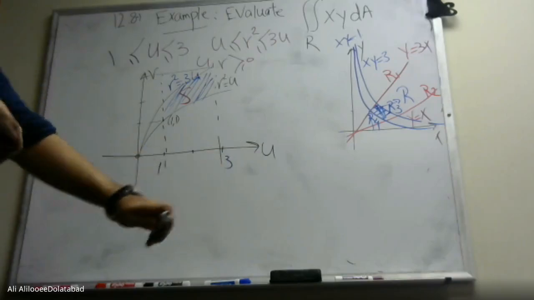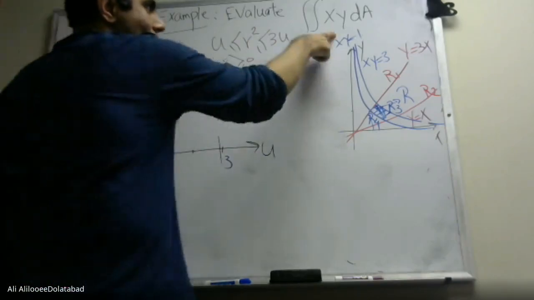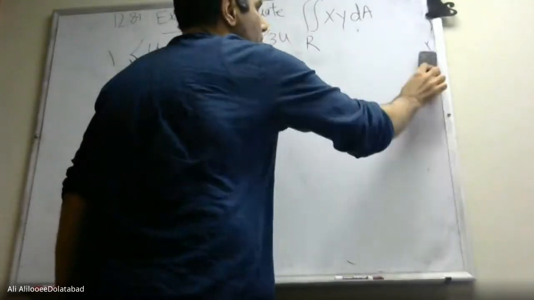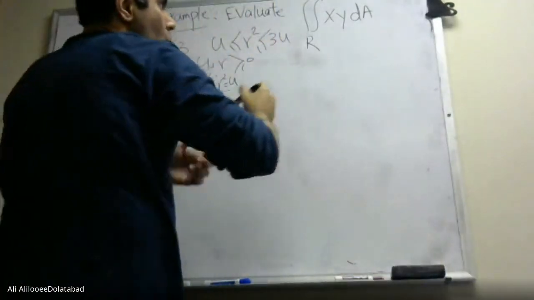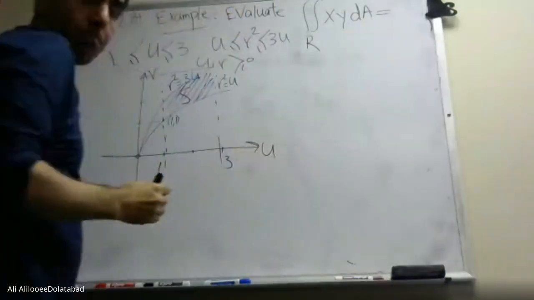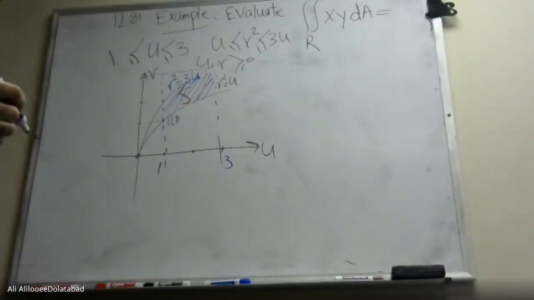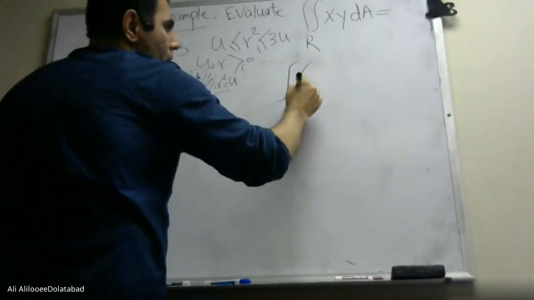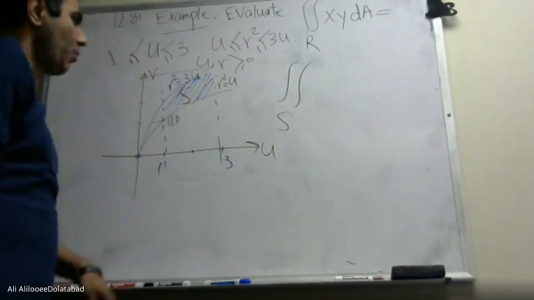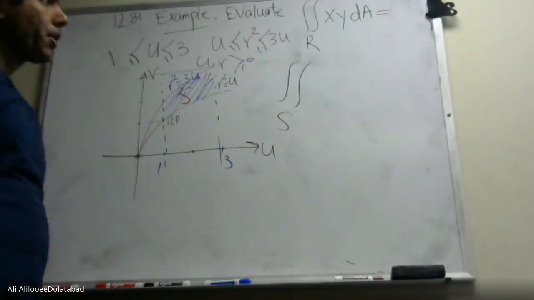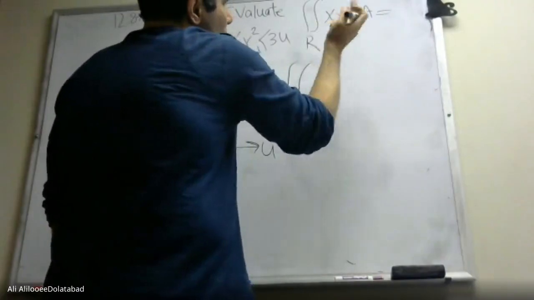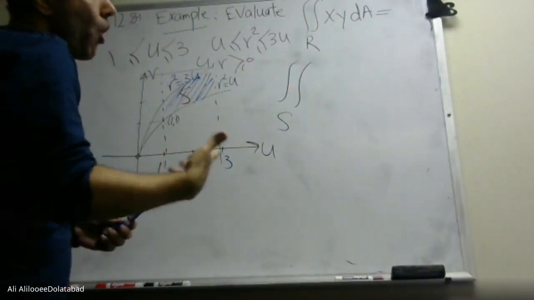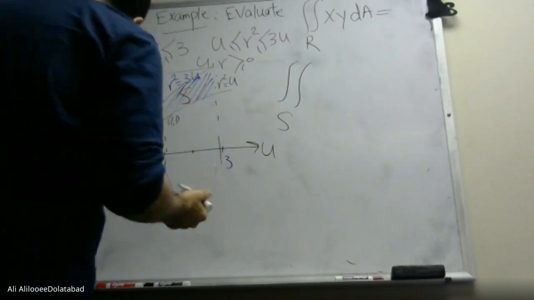So now we are ready to evaluate this integral. With your permission, let me erase this part. By using the change of variable theorem that we had yesterday, this is equal to the integral on S. S is this region. We need to replace x by a function of u and v, and y by a function of u and v.